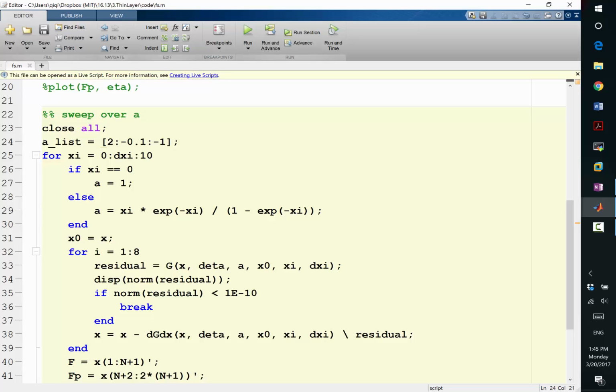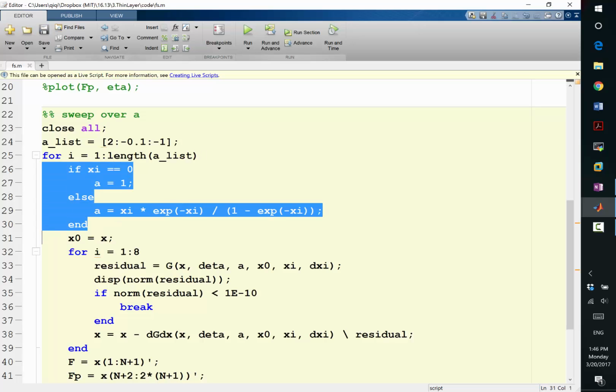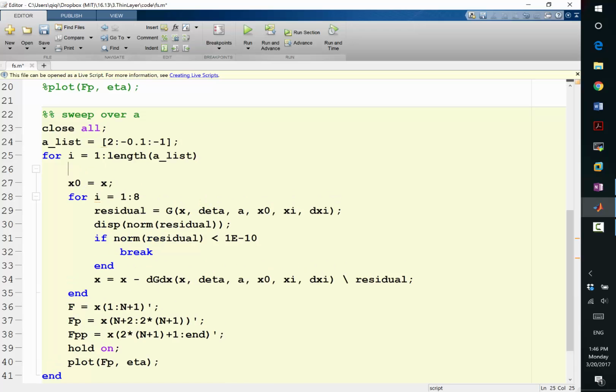We are going to just stop the iteration once we find out it is not converging. Okay, so I goes from 1 to the length of the A list. We no longer need this. We'll just say A is equal to A list of I.